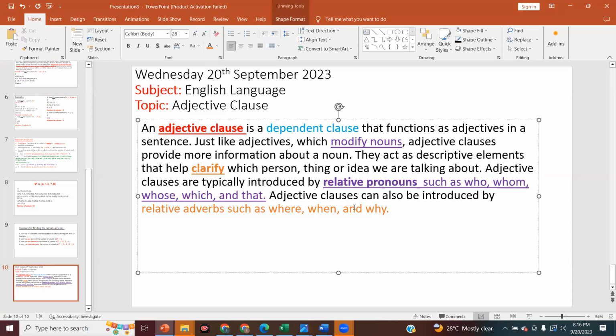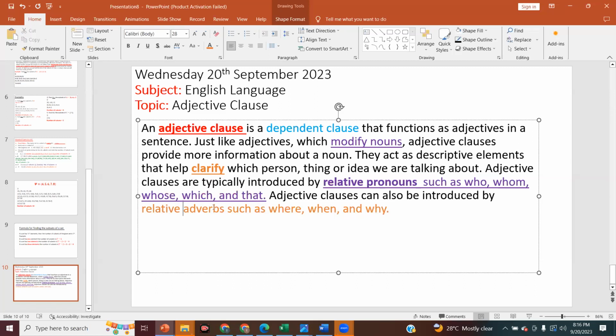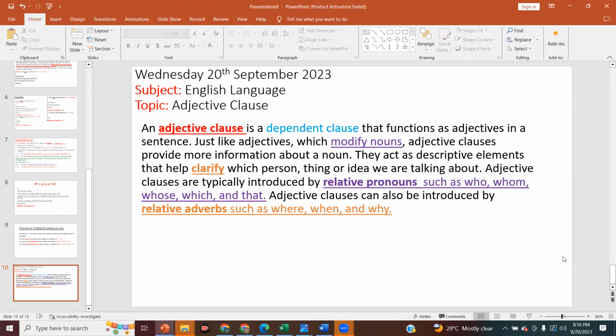So when we talk about adjective clauses, the way that we can start an adjective clause, most often, is that we use relative pronouns and we use relative adverbs. Okay, that's how we start it.